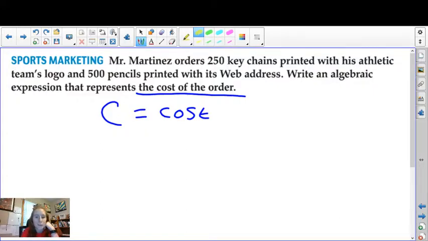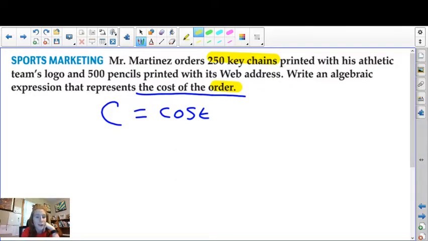Mr. Martinez orders 250 keychains, so maybe that's important. And that they're printed with the team's logo really doesn't tell me anything about the cost.